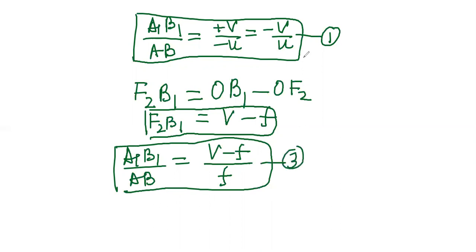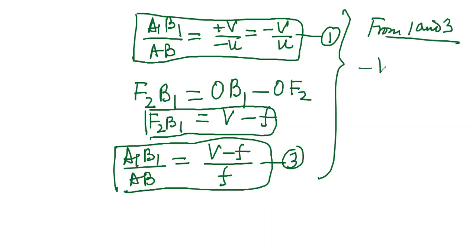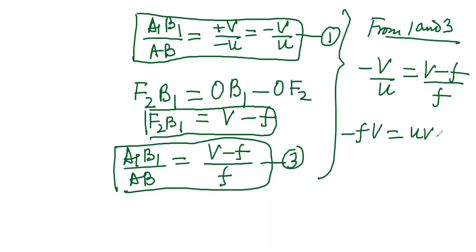So from 1 and 3, what should I get? From 1 and 3, we get minus V by U is equal to V minus F by F. Cross multiply: minus VF is equal to UV minus UF.